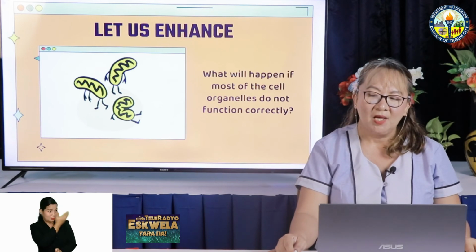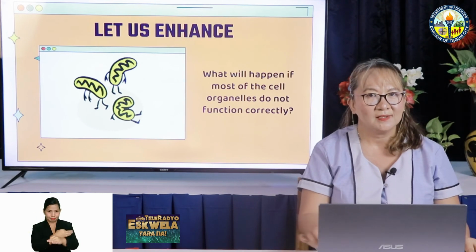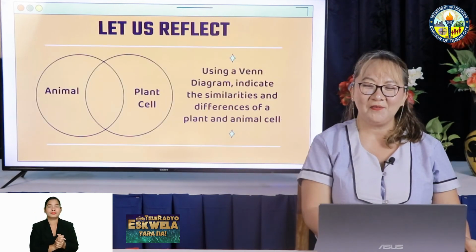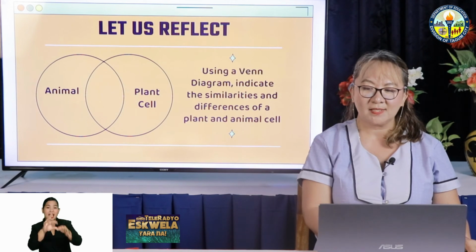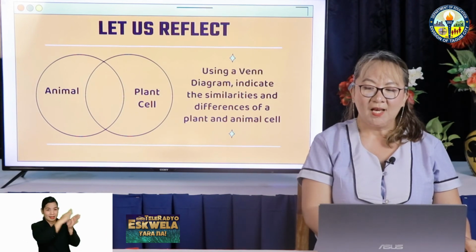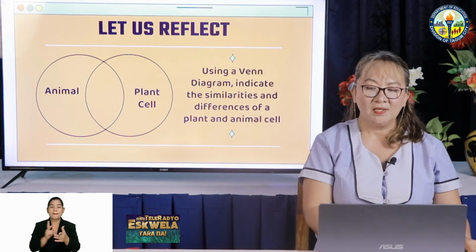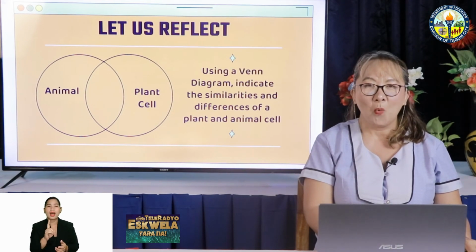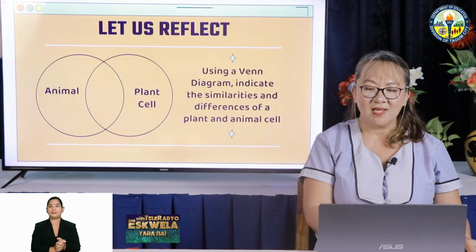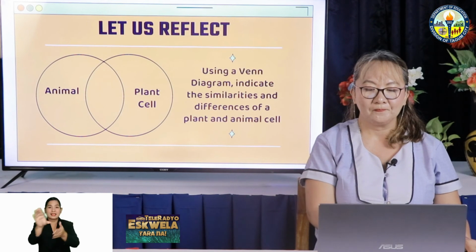What will happen if most of the cell organelles do not function correctly? And for the final activity, refer to page 18 and try to fill in the Venn diagram of what it requires. On the outside, labeled as plant cell and animal cell, put the characteristics that is only present in that cell, while put their similarities in the middle of the overlapping circles.